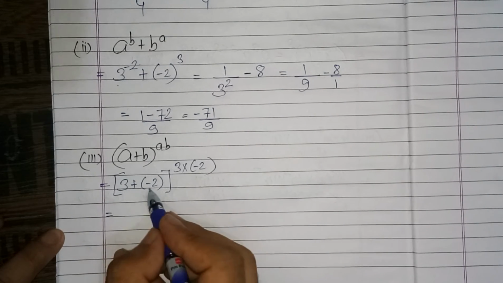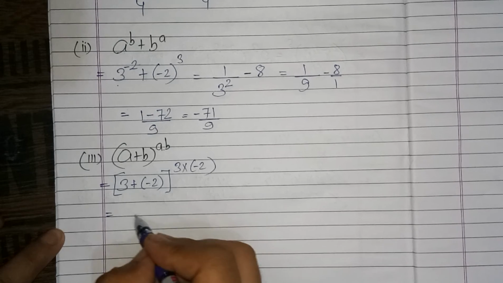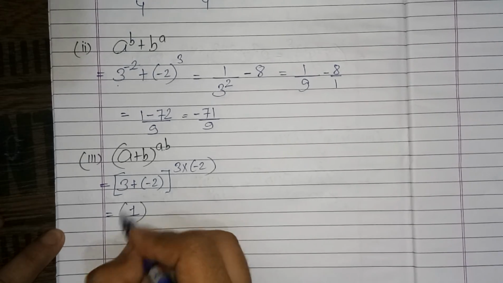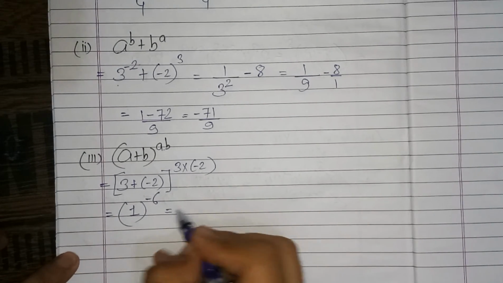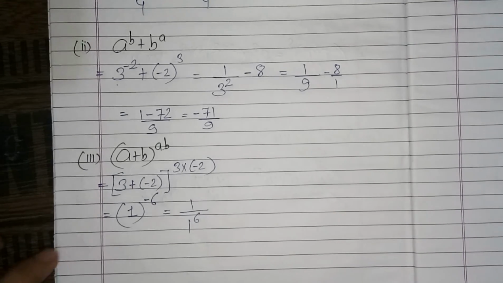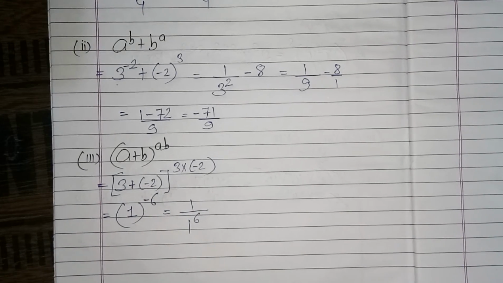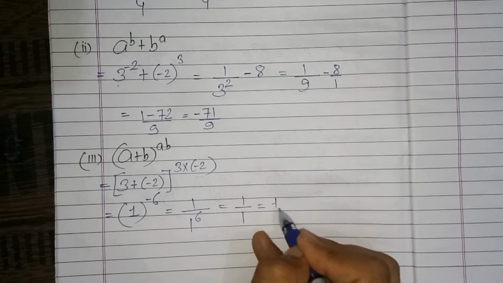Now what I get is 3 plus minus 2, which is 1, raised to power minus 6. Now we know that this can be written as 1 upon 1 raised to power 6. I did the reciprocal and here the answer is 1 by 1, which is equal to 1.